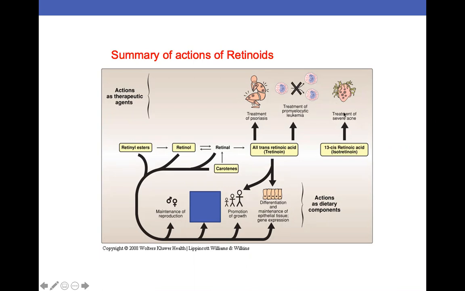The indication of vitamin A is that it replenishes my skin. And so if I have some sort of skin condition like psoriasis, which is an autoimmune skin condition, or severe acne, I can give the patient vitamin A on top of their skin. And what it's going to do is remove the bad skin, and replenish it with newly better skin.